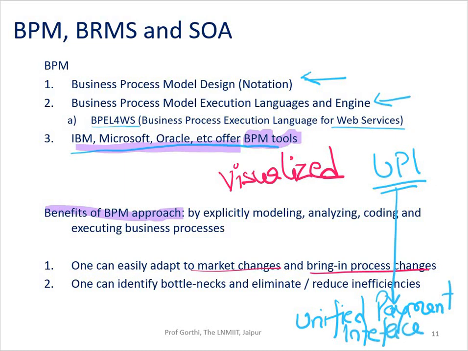Interface or interchange? I guess it's interface only. Yeah. So now I need to add this. Now since I have all my business process modeling tools and I have these BPMs and my SOA, I know where to introduce this particular UPI.